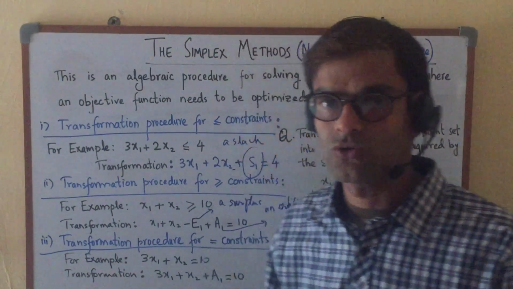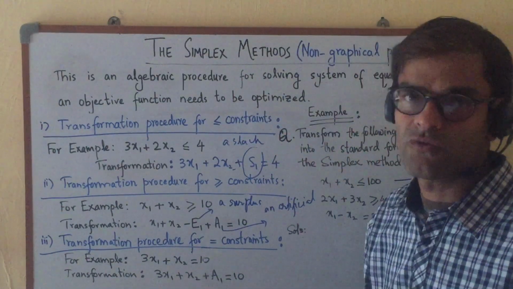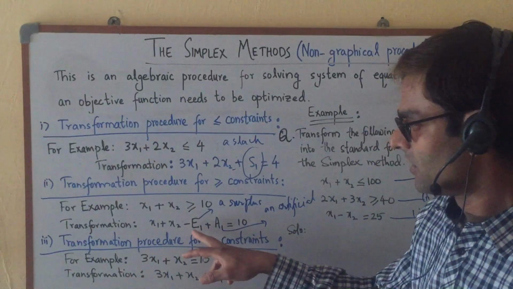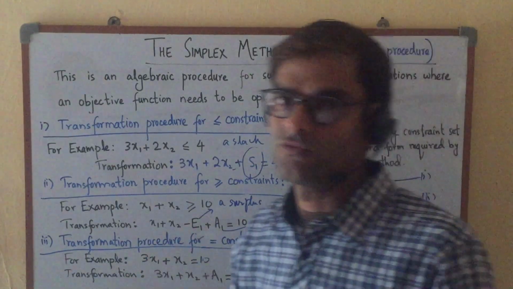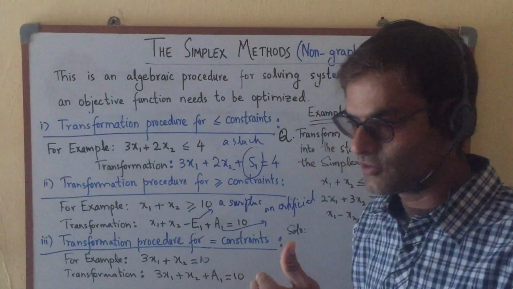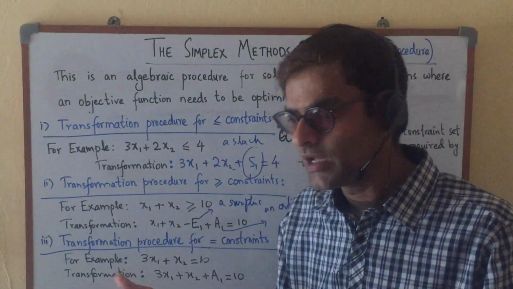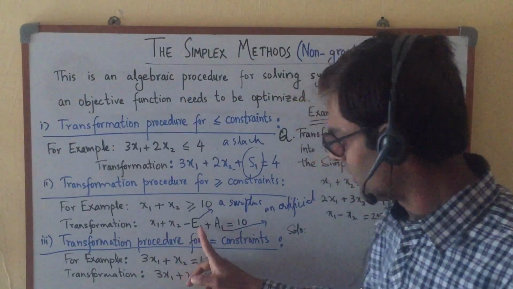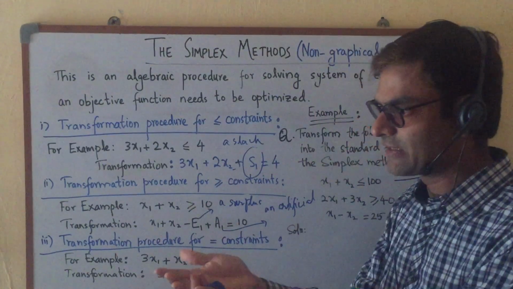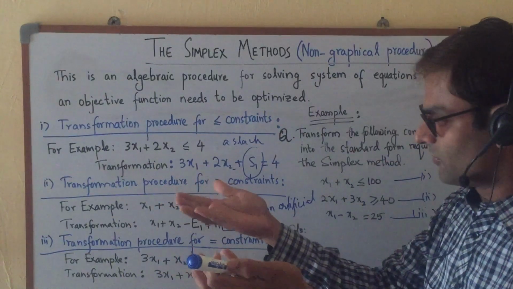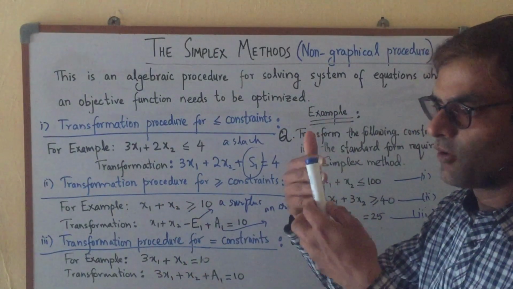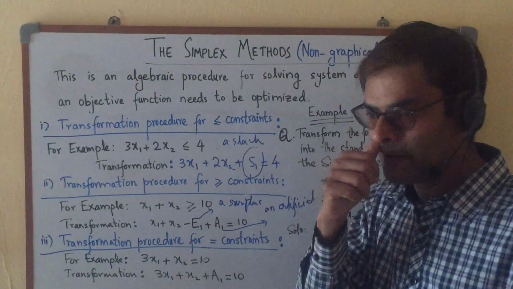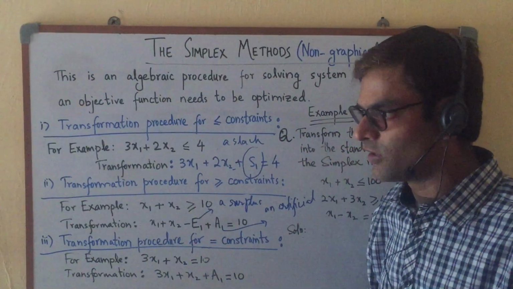The subscript shows the number of the constraint, meaning which constraint equation the variable belongs to. E1 belongs to the first constraint, E2 to the second constraint, E3 to the third constraint, and similarly A1, A2.